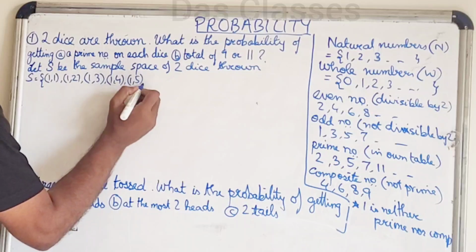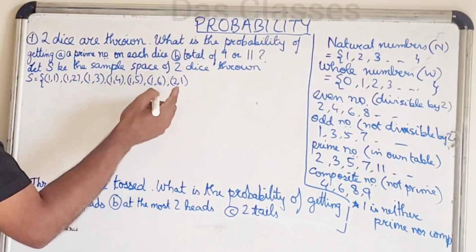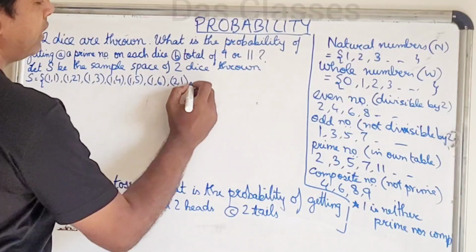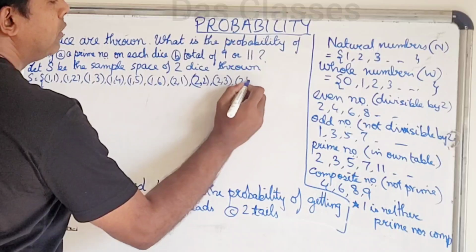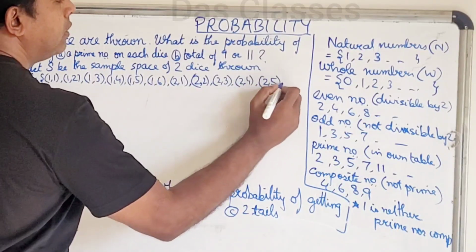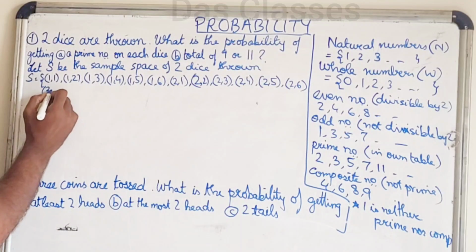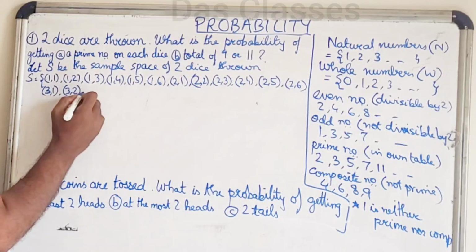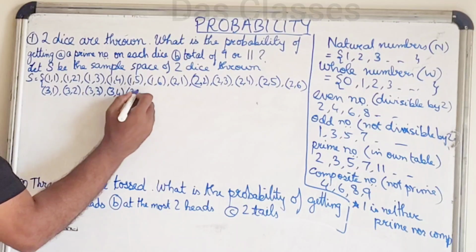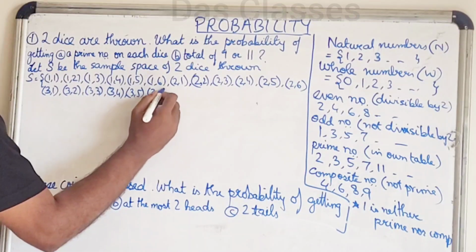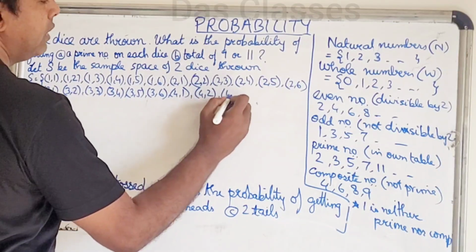1 5, 1 6, 2 1. On the first dice it is 2, and on the second dice you get a face of 1, 2 2, 2 3, 2 4, 2 5, 2 6, then 3 1, 3 2, 3 3, 3 4, 3 5, 3 6, 4 1, 4 2, 4 3.